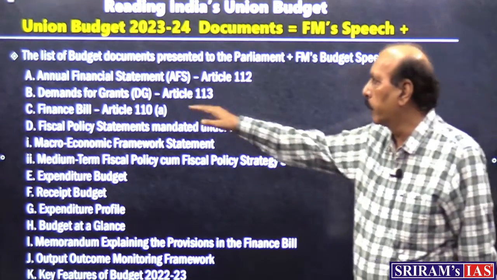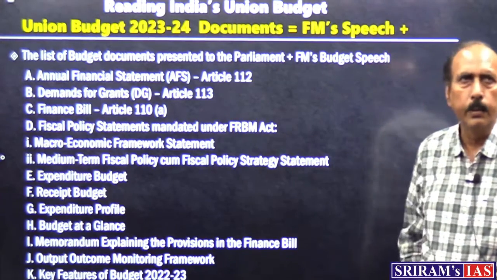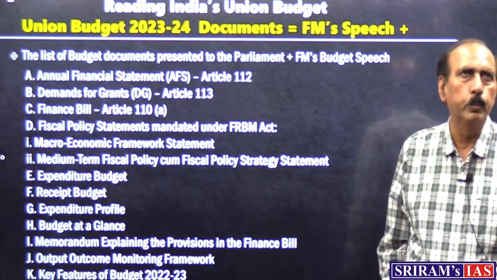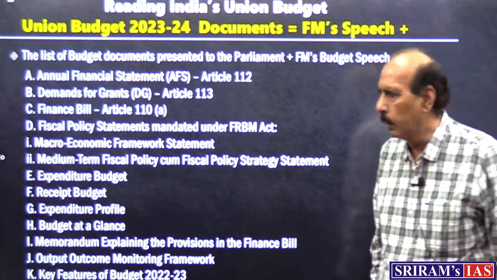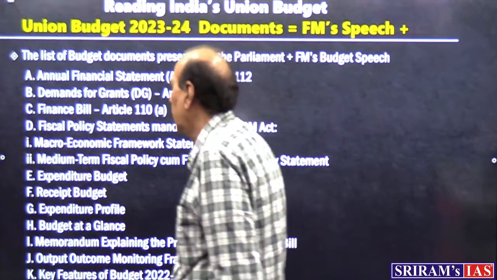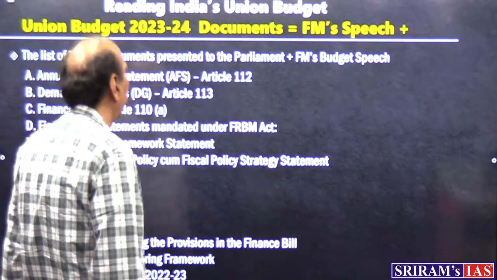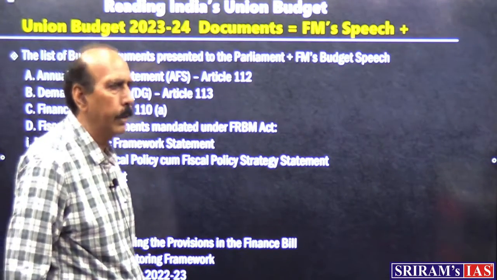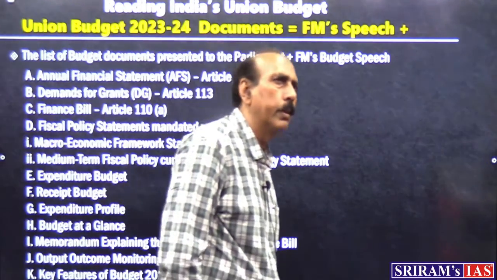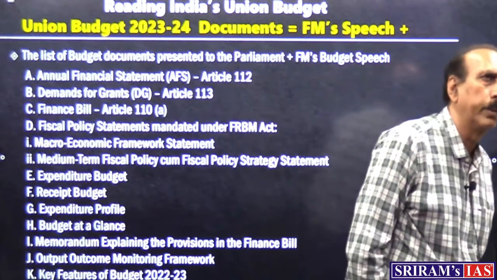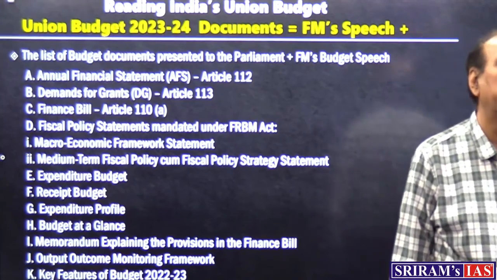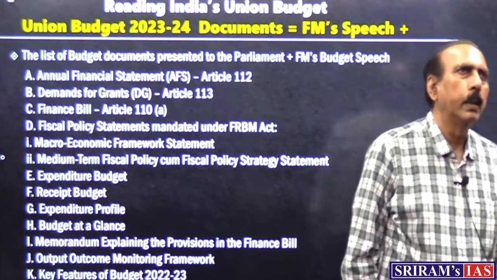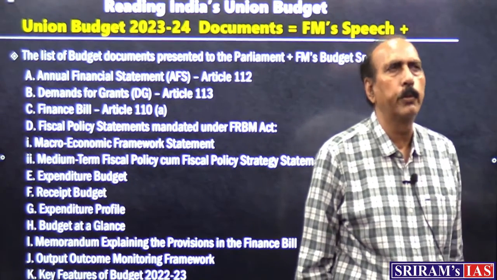For example, the annual financial statement, as I said, is placed in the parliament under Article 112. And this is essentially the budget. The demand for grants is presented in the parliament under Article 113. As I said, we have hundreds of departments or ministries in the government, and therefore each ministry places their requirement of funds to the Ministry of Finance.